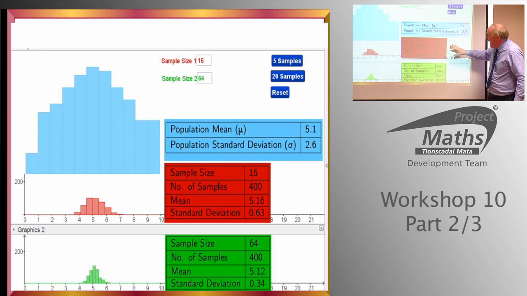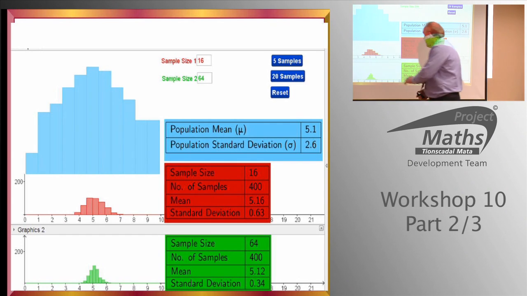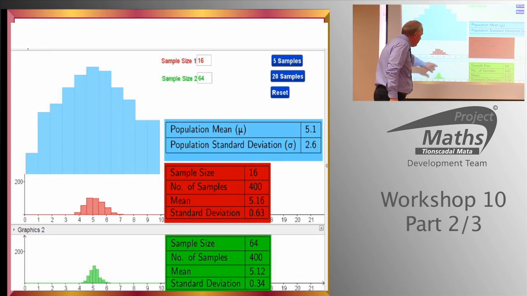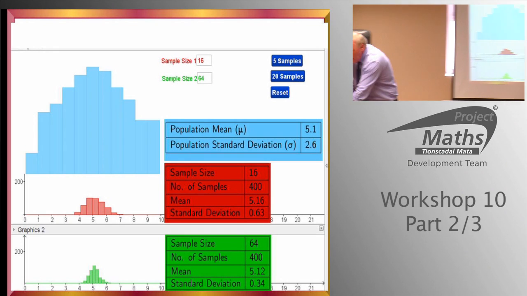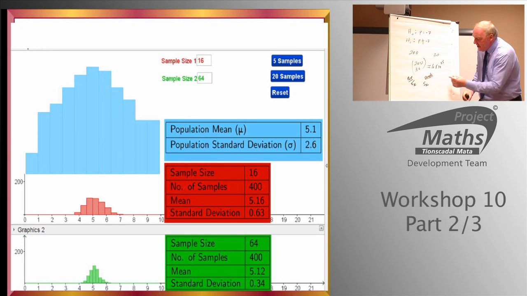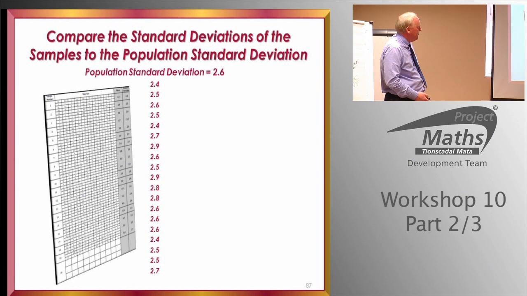So the standard deviation of this distribution, the sampling distribution, is much narrower than the standard deviation of the population. In fact, it turns out that if the population standard deviation is sigma, it's sigma divided by root n, the square root of the sample size.